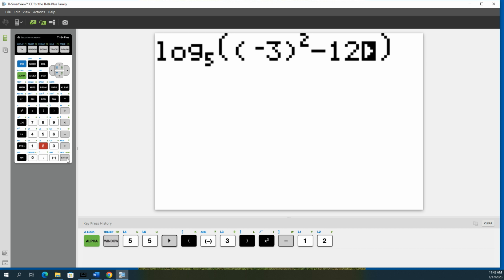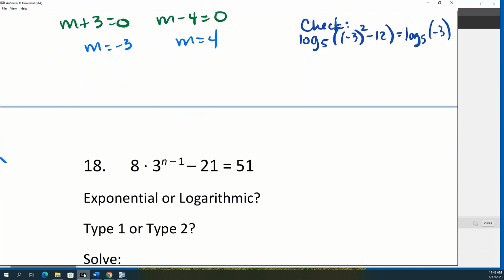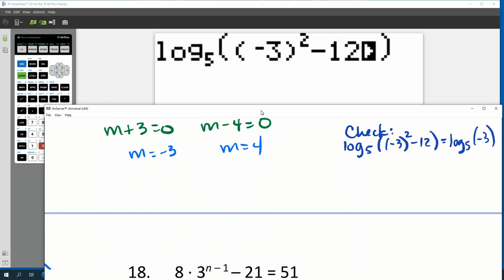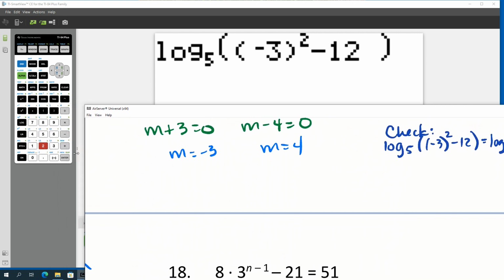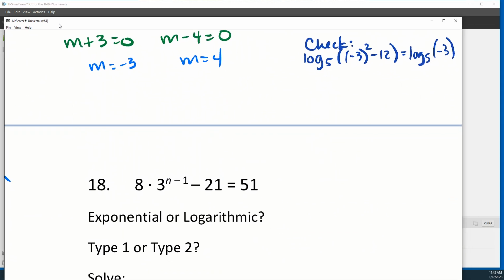So when I put negative 3 in for the left side, I'm going to get this error, non-real answer. So that means that it is an extraneous solution. So we would just mark it out. This doesn't check out.